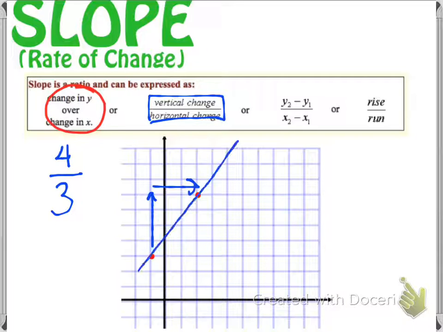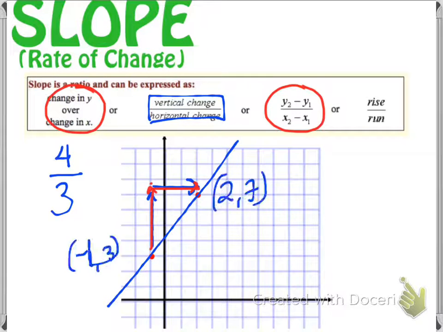If this is our line going through these 2 points, you have to go up, starting at a point on your line, up 4, over 3, forward 3 to get back onto your line. If we're thinking of the coordinates for it, then those are the coordinates, and we can think of this as point 2 and this is point 1.